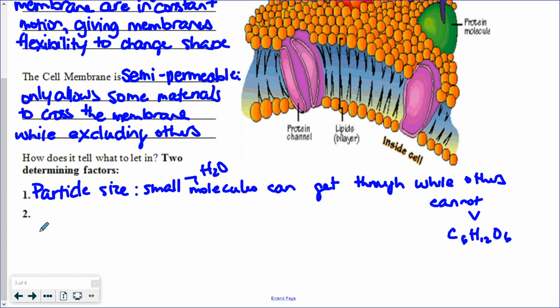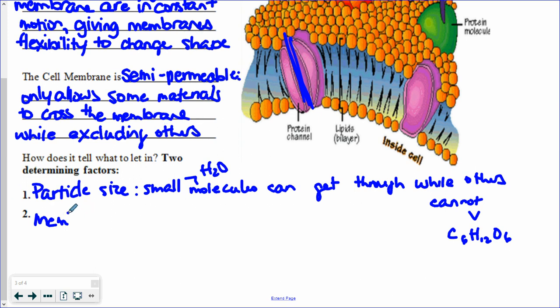The determining factor on what the membrane lets through is something called membrane proteins. We already said there are proteins embedded within that phospholipid bilayer. So we see in this diagram here there's a protein channel that allows things in, different protein molecules, marker things. Protein channels are the big thing that I'm talking about here.